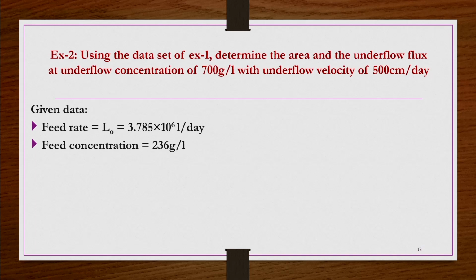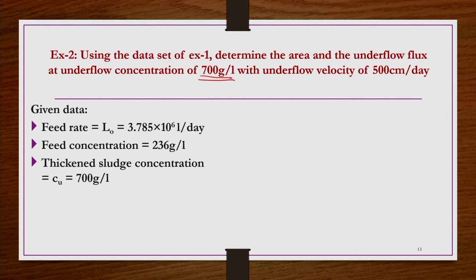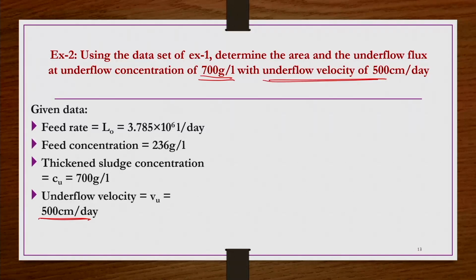Feed concentration C naught is the same as the previous problem, 236 gram per liter, and the sludge concentration Cu is given as 700 gram per liter, taken as underflow, and Vu, the underflow velocity, is also given as 500 centimeter per day.